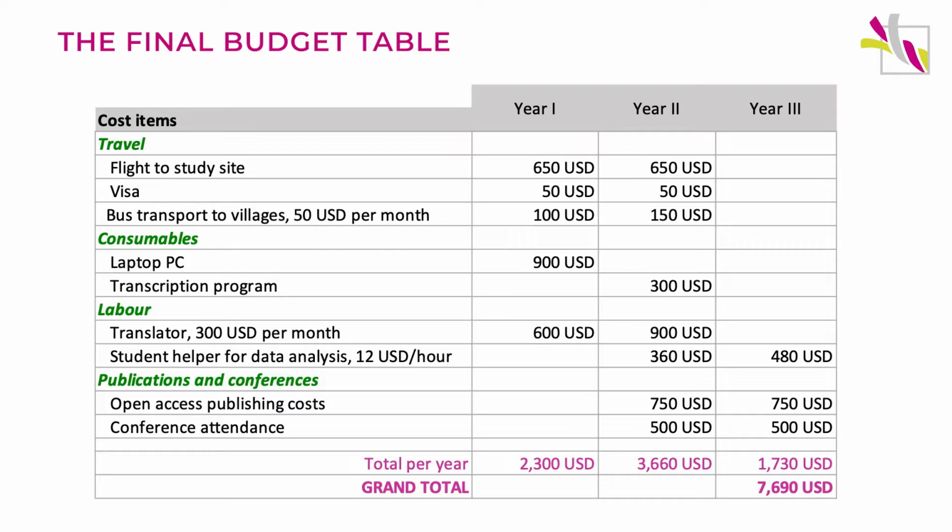And you may have labor costs, for example, this translating person or a student assistant. You have travel costs, you have visa costs, and you have costs for publishing your papers. All of this listed in this table and sorted makes the budget really easy to view by the reviewers.